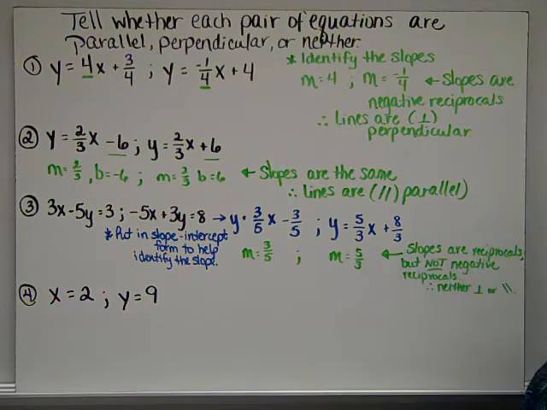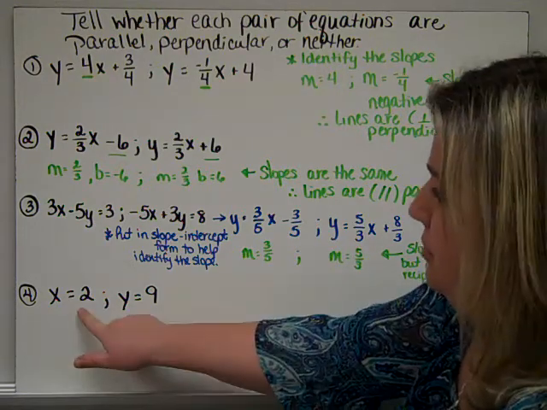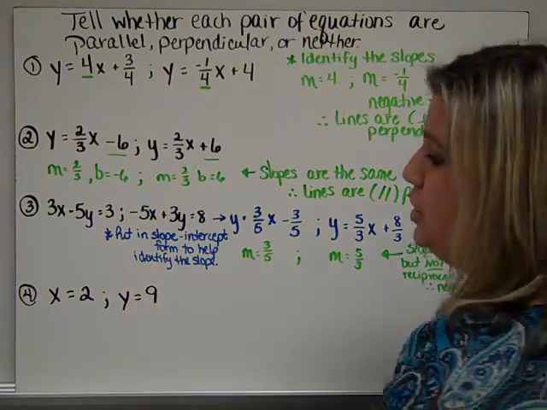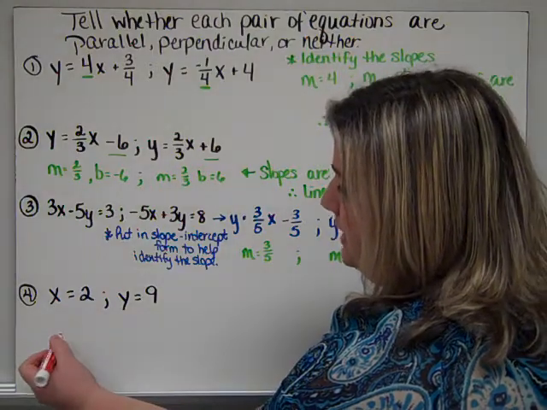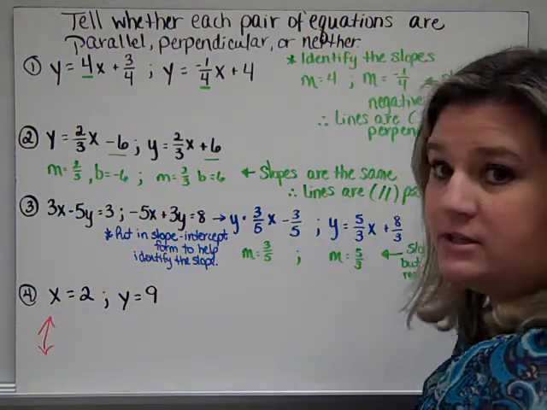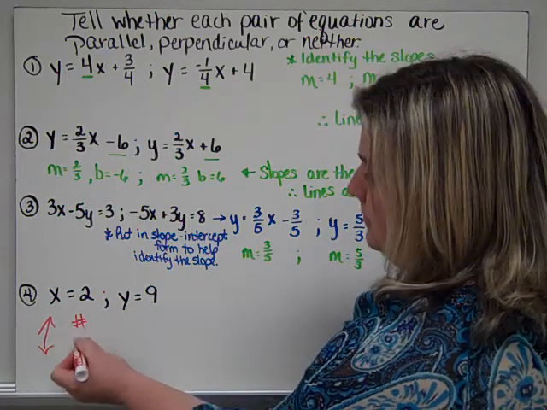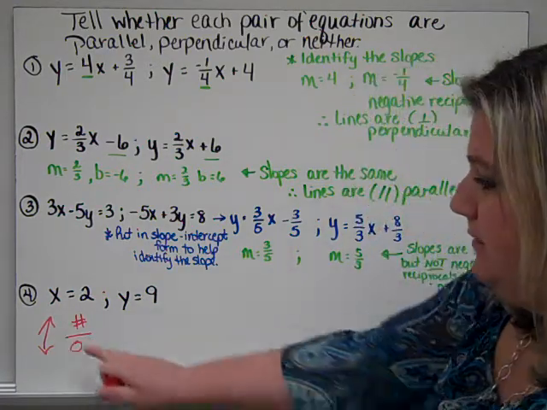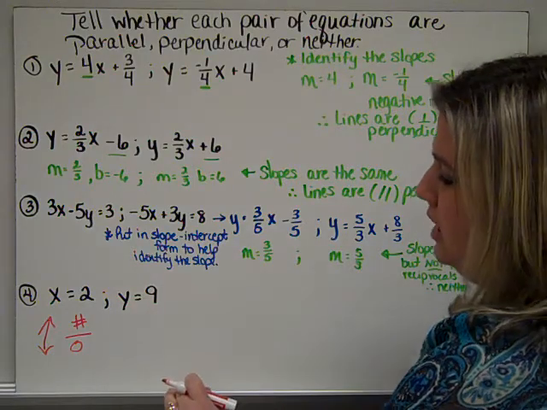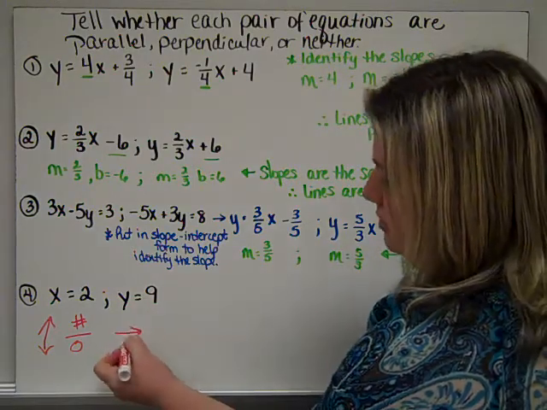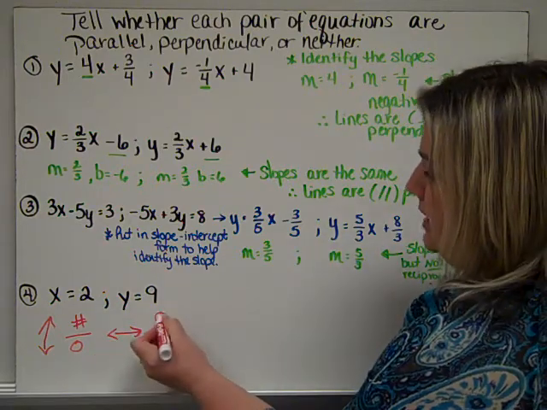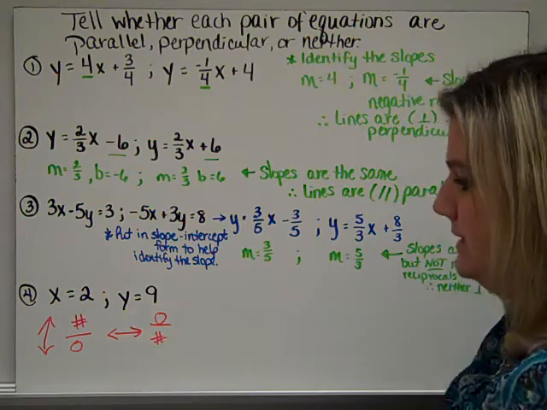Let's look at these lines: x equals 2 and y equals 9. If I have an x equals, I know that that line is vertical, and the slope for those always has a 0 on the bottom. We know that those slopes do not exist. For y equals, we know that those lines are horizontal, and the slope there is definitely 0.